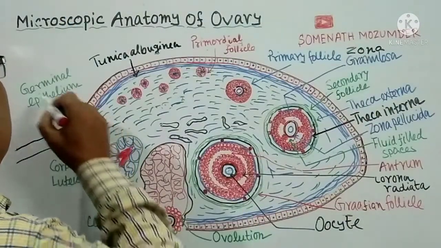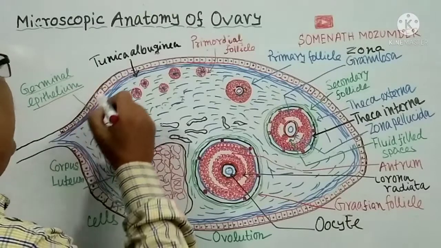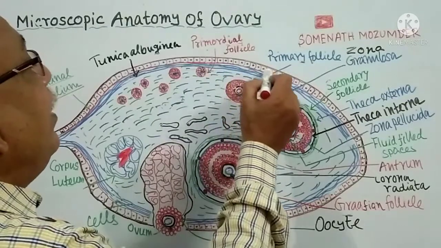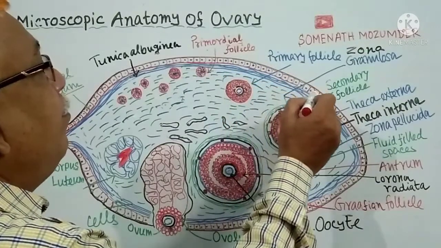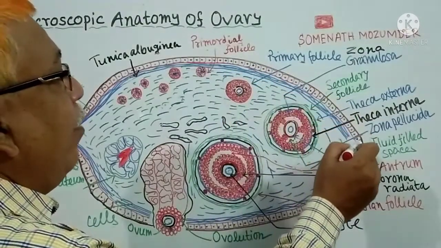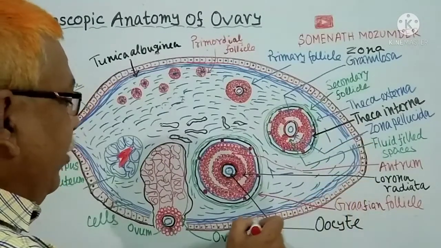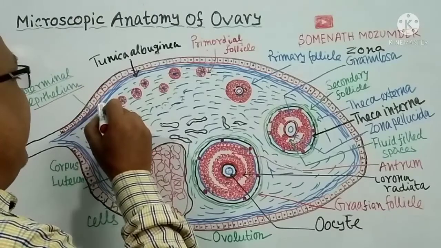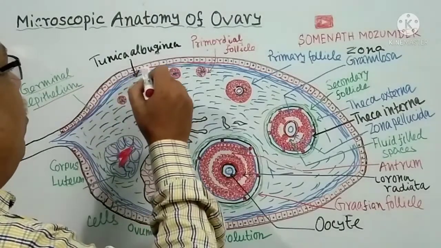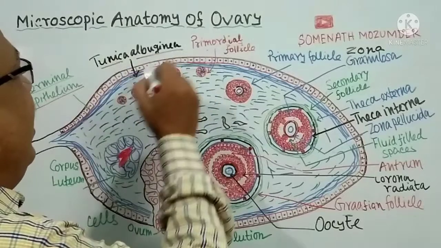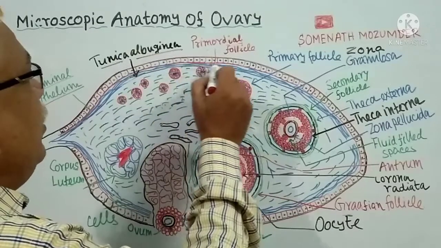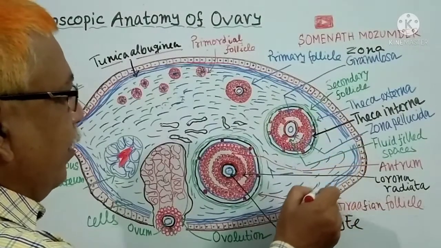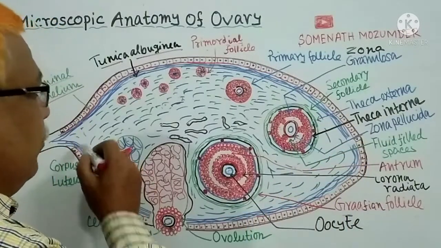This is germinal epithelium, the outermost layer of the ovary, made of single layer of cubical epithelium cells, and beneath germinal epithelium there is a layer called Tunica albuginea. This is Tunica albuginea, made up of white fibrous tissue.